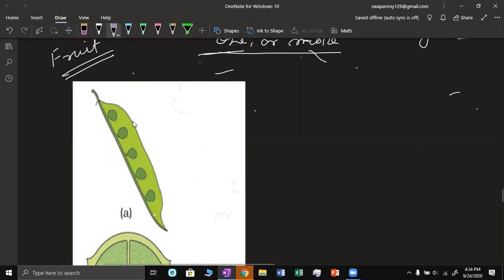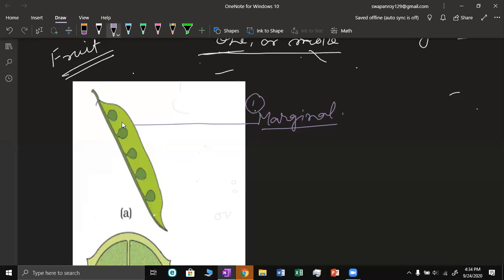See here. This is the first type of placentation, which is known as marginal. Marginal placentation is number one.